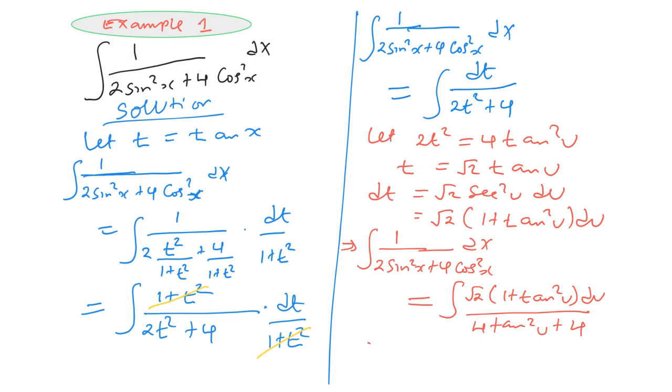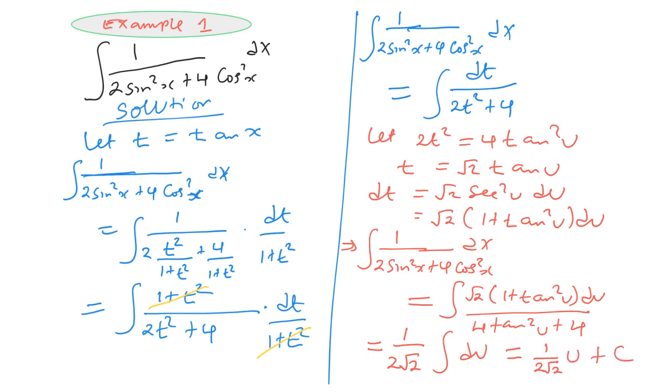So go ahead and do the factorization. Root 2 over 4 can be written as, 4 is 2 times 2, so 2 cancels out, and we can write this as 1 over 2 root 2, then the integral of du, because 1 plus tan squared cancels out, it is up and down. And what do you get? You get 1 over 2 root 2 times u plus c.